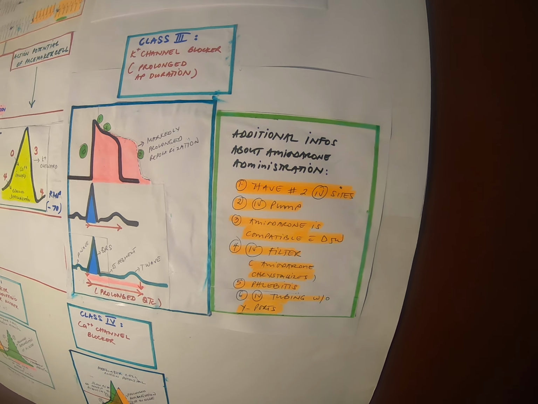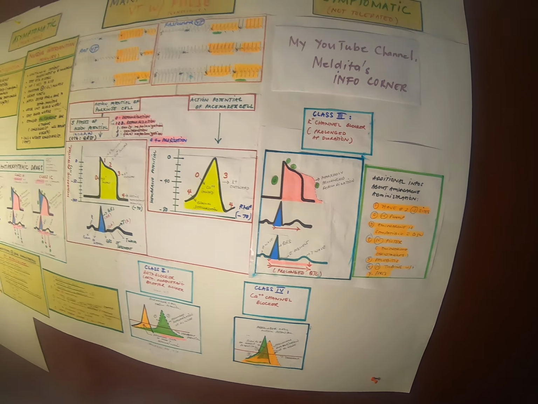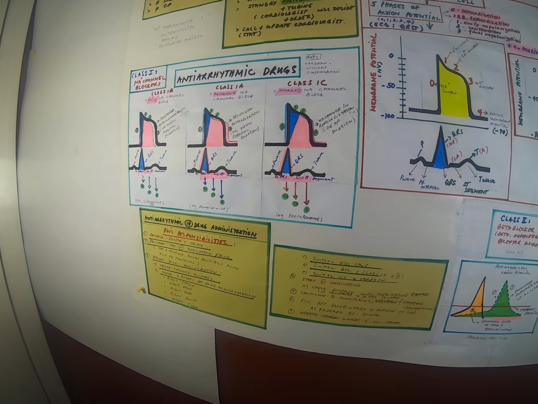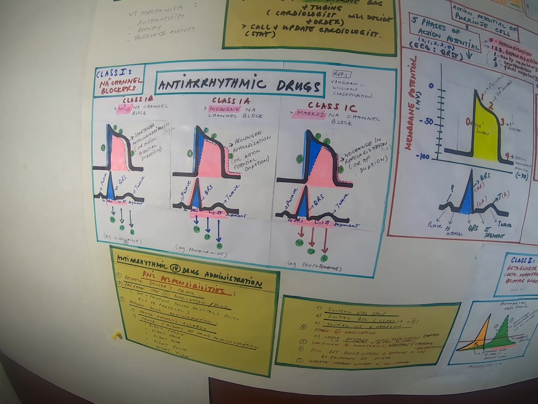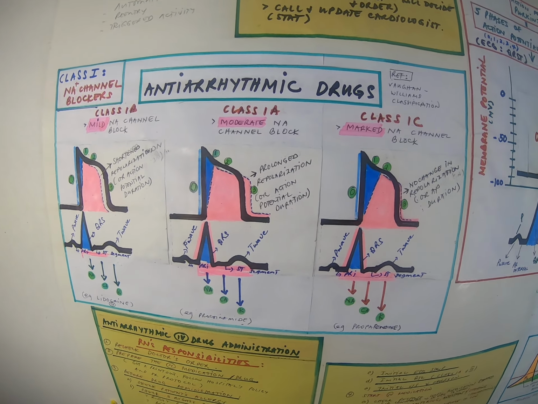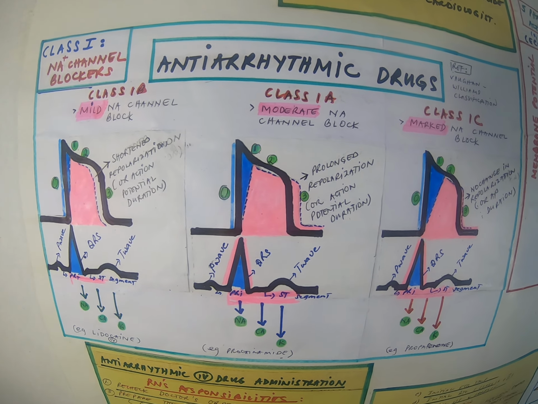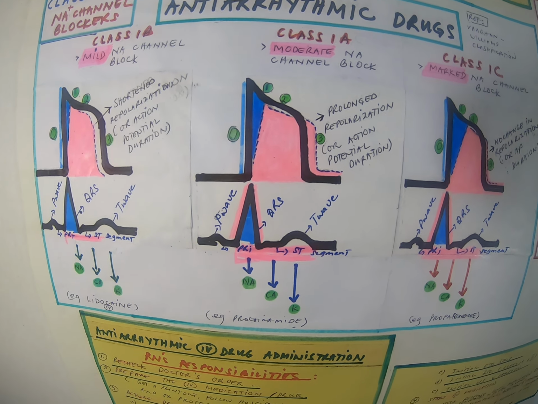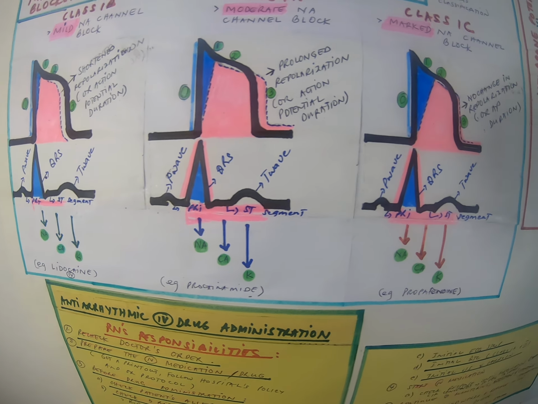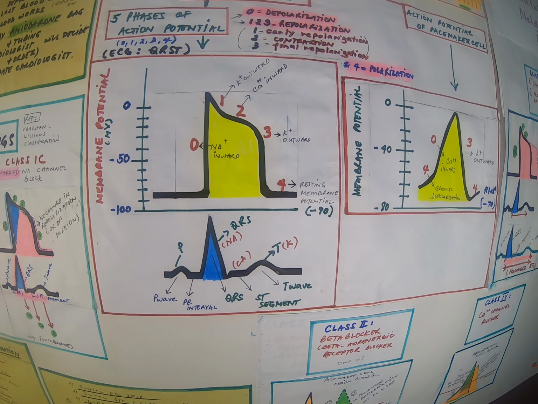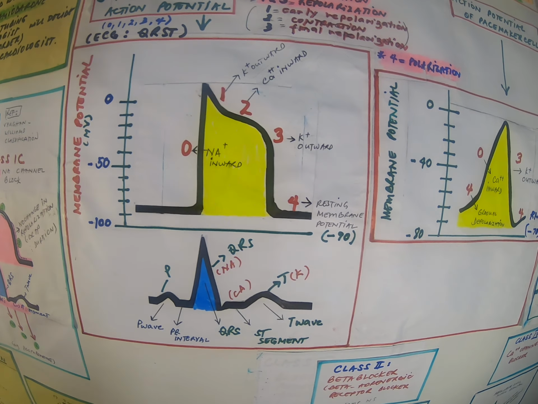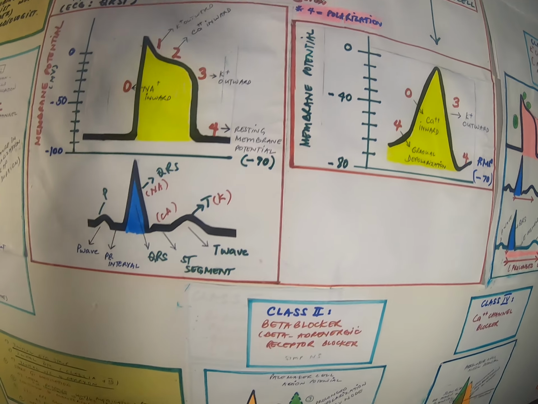So just so that you remember these antiarrhythmic drugs, they are really good drugs, but their effect could also be toxic. That's why we need close monitoring. So antiarrhythmic drugs, again, your responsibilities. Be sure that you know the action potential of the Purkinje cell and your pacemaker cell.